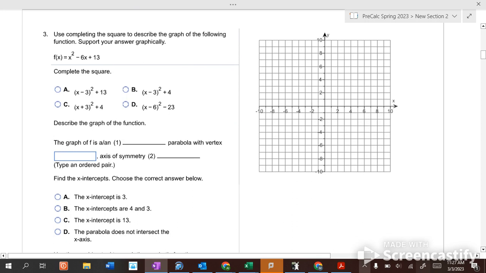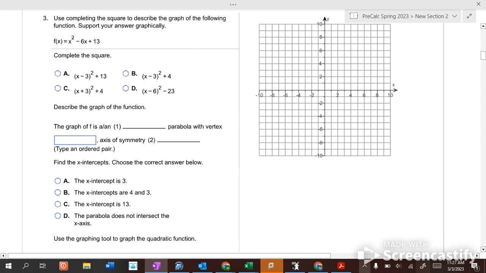All right. Graphing this, we complete the square to figure out what equation it is. So it's x squared minus 6x plus blank plus 13 minus blank, because whatever we add, we have to also subtract. What's half of 6? 3. 3 squared is? 9.